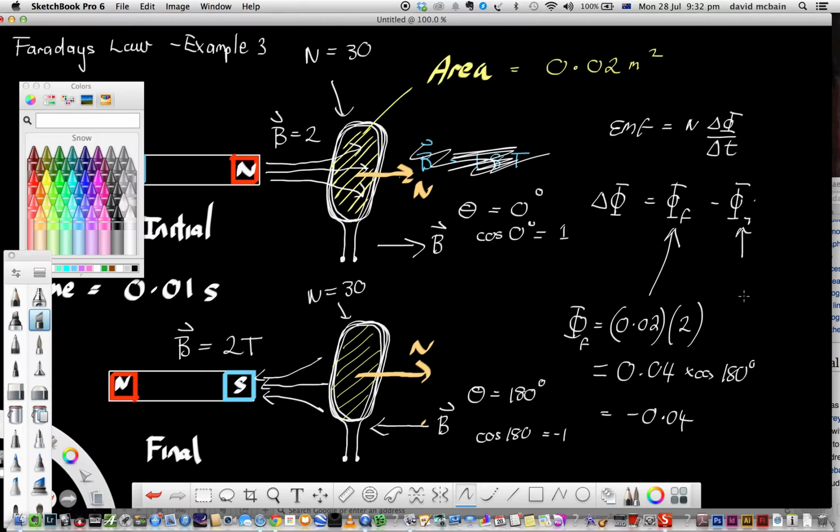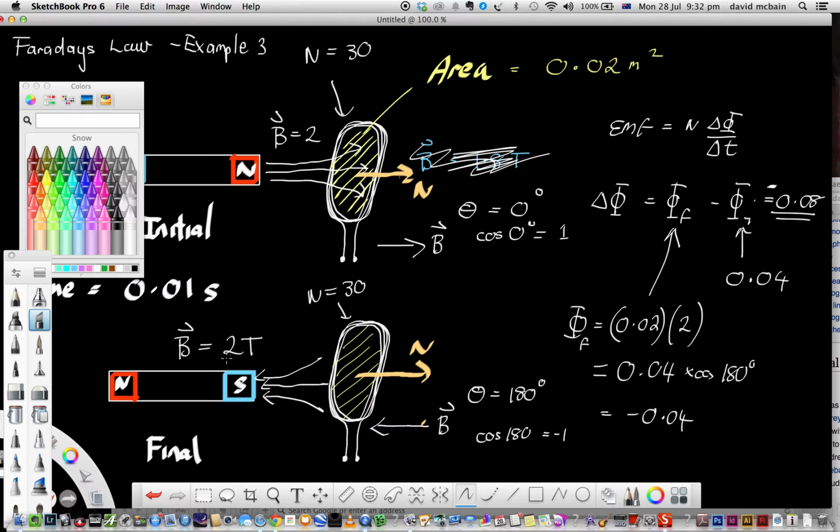So it'll just be 0.04. So the final take away the initial is going to be -0.04, take away 0.04, and that will equal -0.08. That is our change in flux.